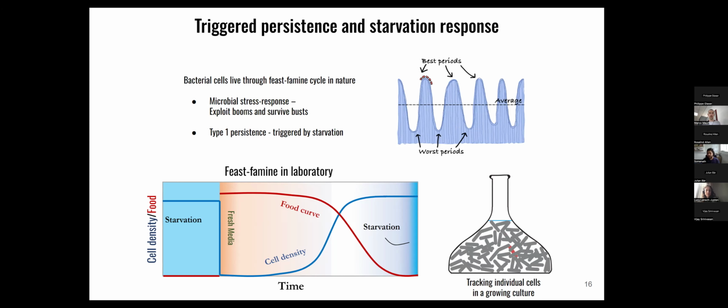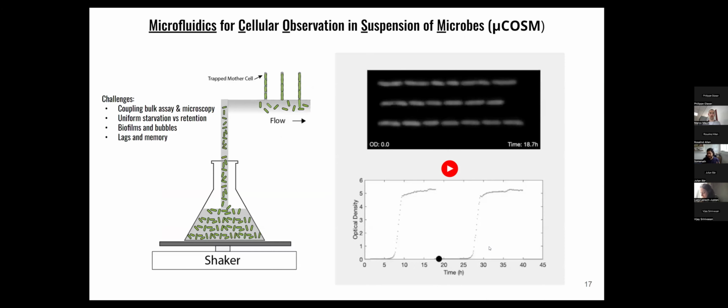What we wanted to do is a bulk culture growth curve, but with the mother machine platform. Basically, we wanted a system where we could track individual cells as they're growing in a culture. The idea was quite simple, which was to hook up a culture with the mother machine. As the cells from the mother machine come out, they inoculate the culture, and the entire process is hooked up in a way that the cells from the culture deplete the media, and this depleted media flows through the device.